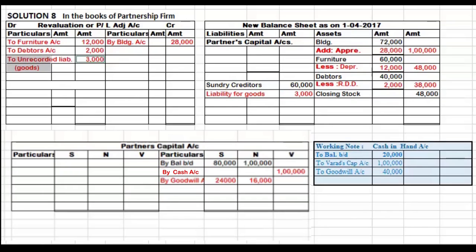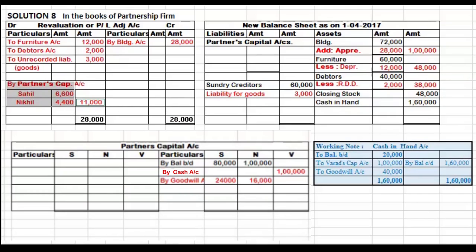Now we close cash in hand account, that is the working note, and we get a closing cash balance of 1,60,000, which we'll write on the asset side of balance sheet. We are done with all the adjustments. We proceed with the closing entries. Close the profit and loss adjustment account. We get profit on revaluation.